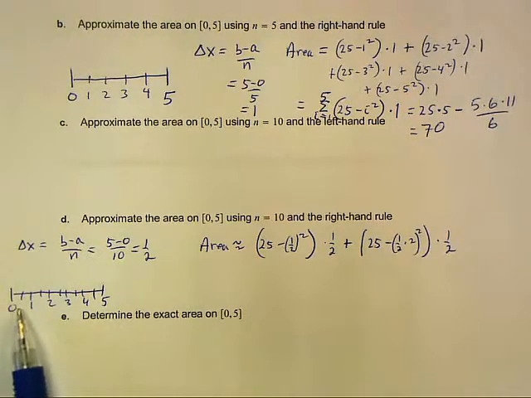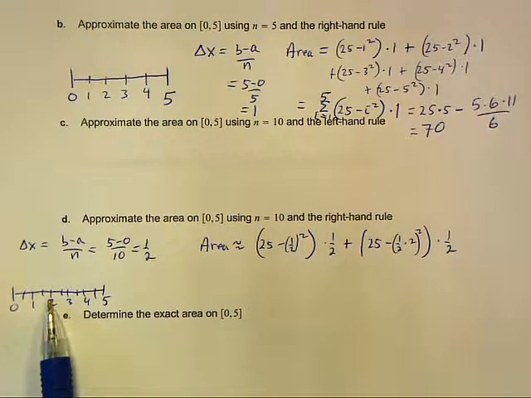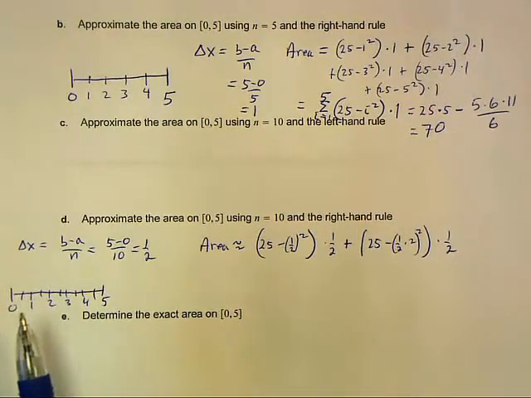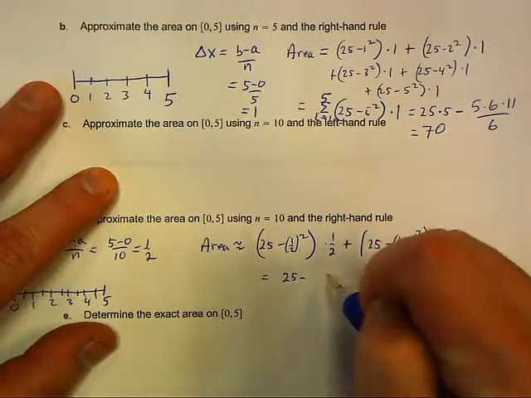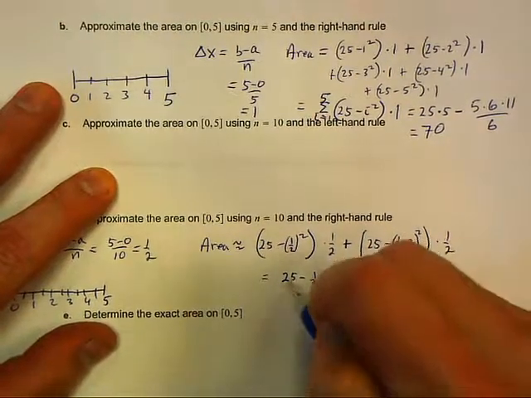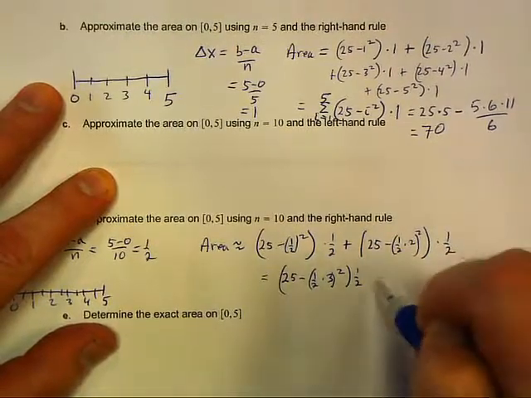I plugged in 1/2, then I plugged in 1. The next number is 1.5, which I'm going to write as 1/2 times 3. So this is going to be 25 minus 1/2 times 3 squared times a half.